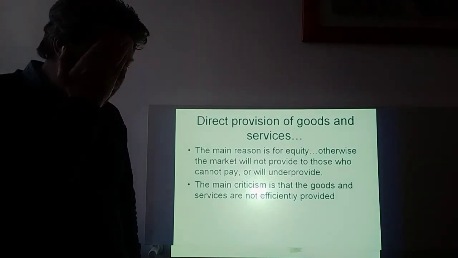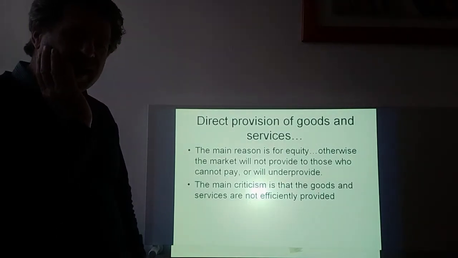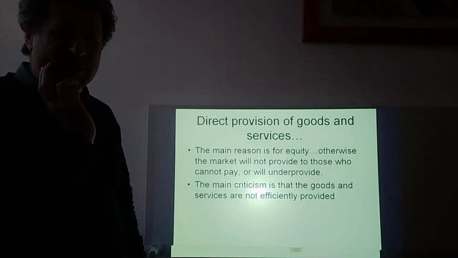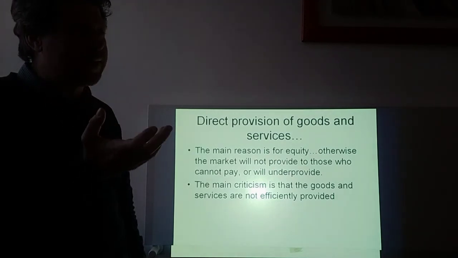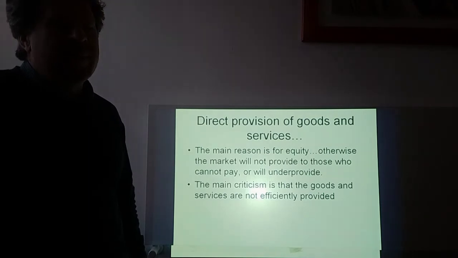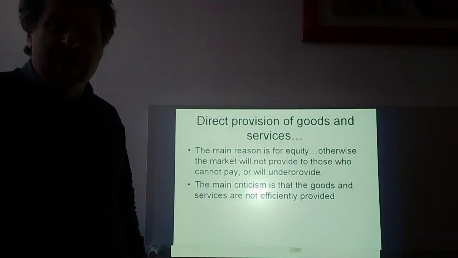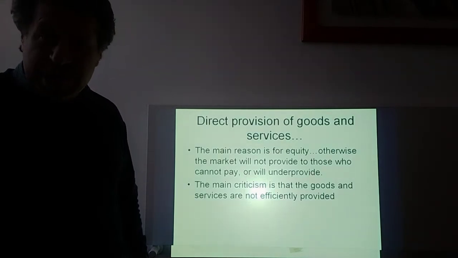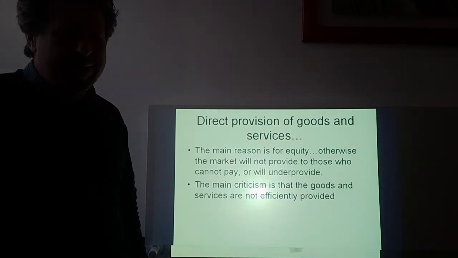But the criticism is that the goods are not efficiently provided for. I mean, we can see in a market situation there is a continual pressure to improve, to find innovative solutions, to really find ways of producing that are cheaper or better.